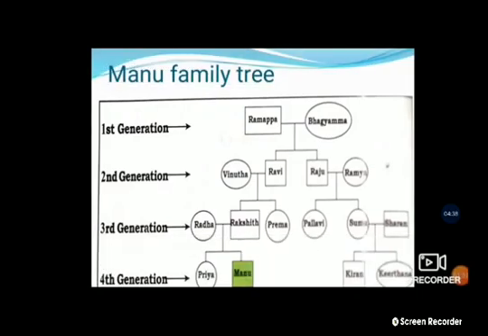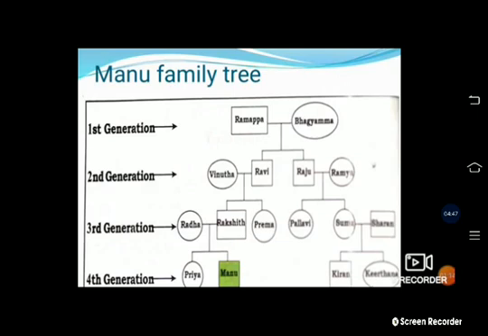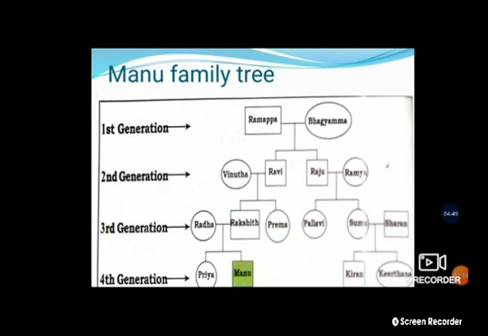Manu is the daughter of Radha and Rakshit. And then Raju and Ramya's family: Pallavi and Suma and Sharan are husband and wife, and their children are Kiran and Kirtana. So totally it is Manu's family tree.